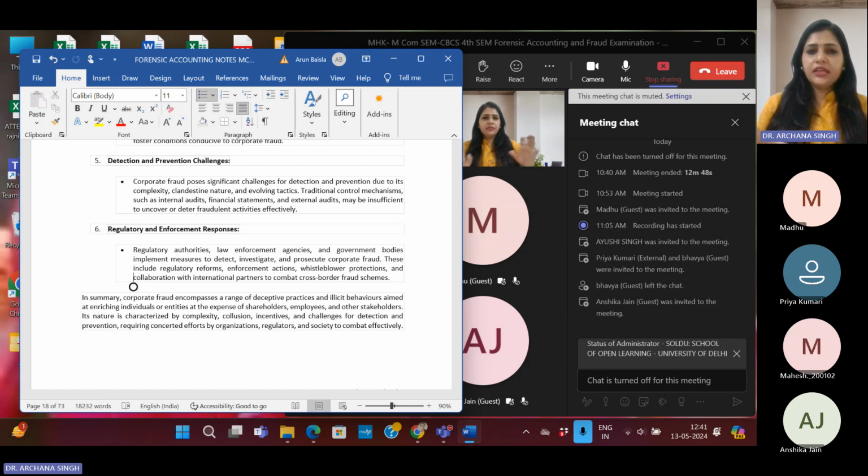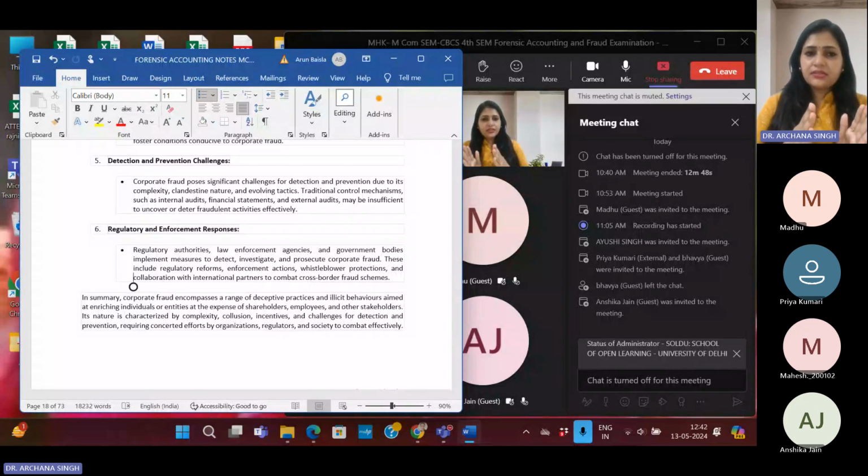So in summary, we can say that corporate fraud includes various types of practices and illicit behaviors which are aimed at enriching individuals or entities at the expense of shareholders, employees, and other stakeholders.